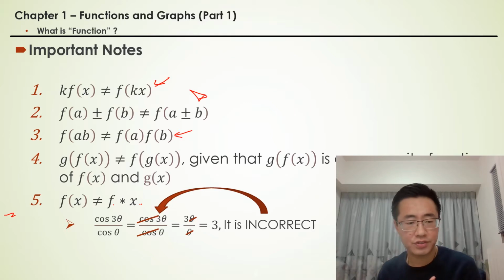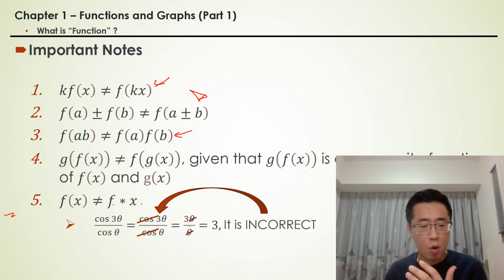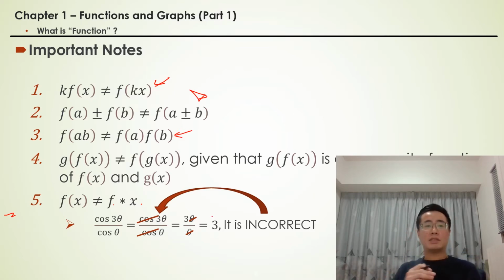Similarly, in terms of the division here, for this trigonometric representation, cosine 3 theta over cosine theta cannot be equal to the expression like 3 theta over theta here. Simply deleting the cosine here is not correct. So this is about the key misconceptions related to functions.